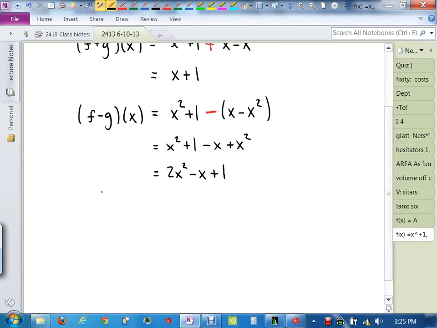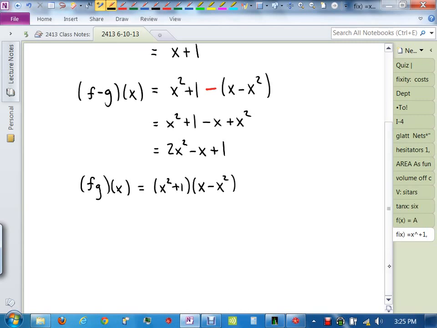All right, next one, fg. So f next to g like this is implied what? Multiplication. So you need to put the x squared plus 1 times, in parentheses, the x minus x squared. And what do we call that when you multiply two things like that together?